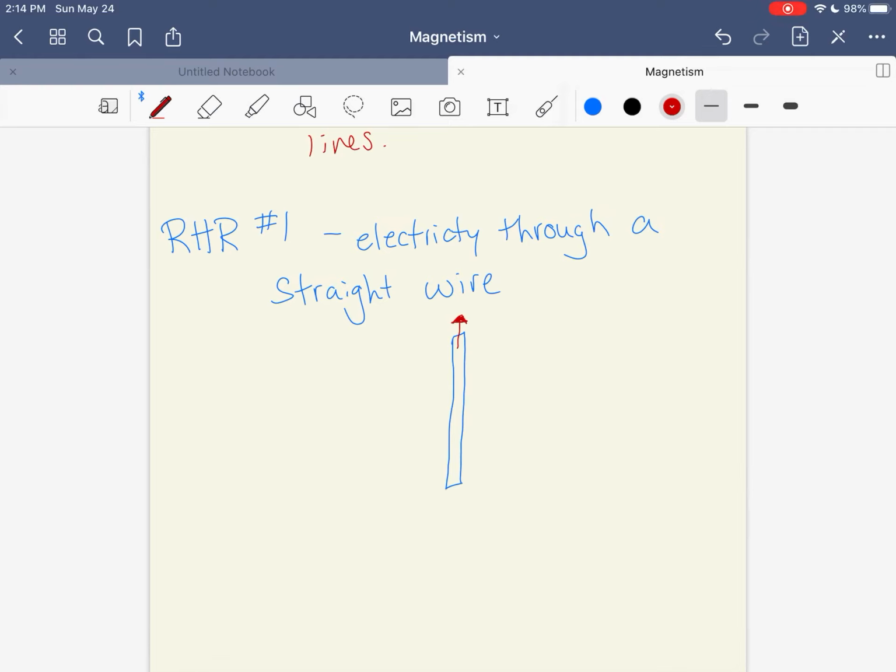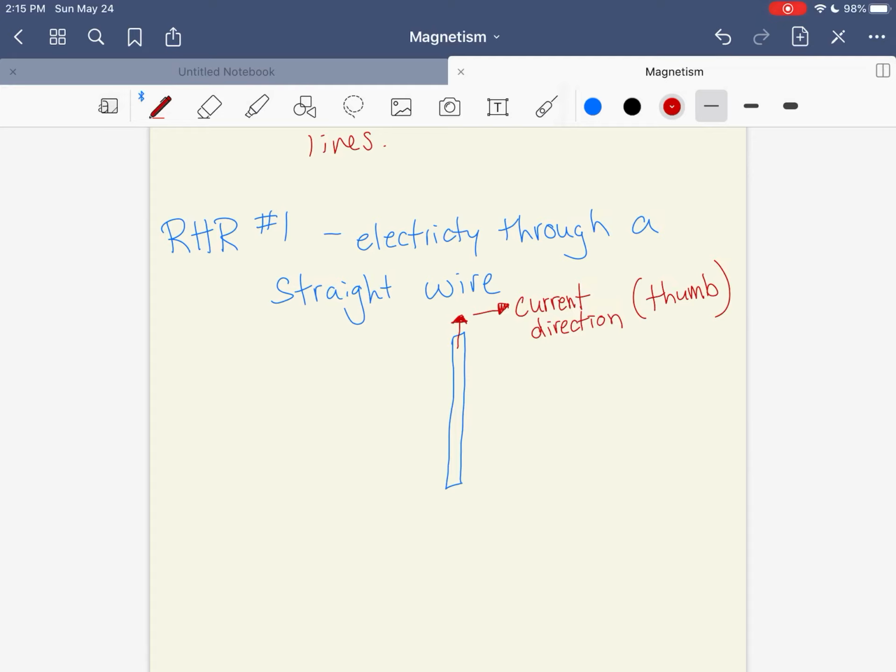In the wire that I've drawn here, this is my arrow. So that's my current direction. It's the direction in which the electricity is flowing. And so that's going to be my thumb. So my thumb is going to be pointing up in this case, because that's the direction of my current on the wire that I've drawn.